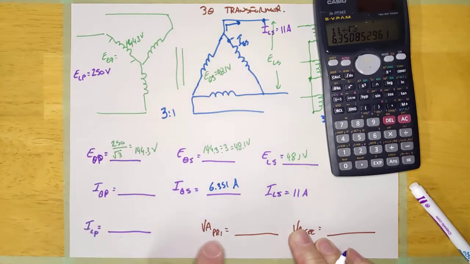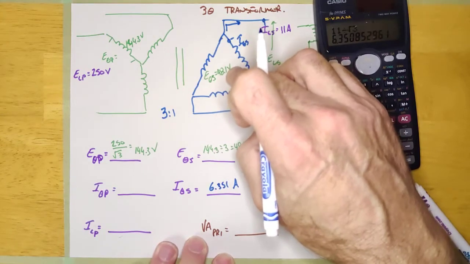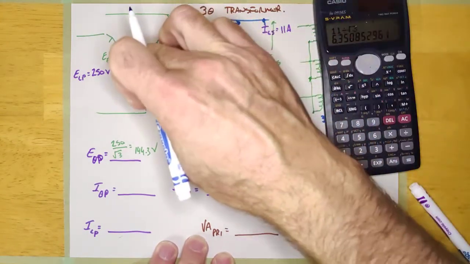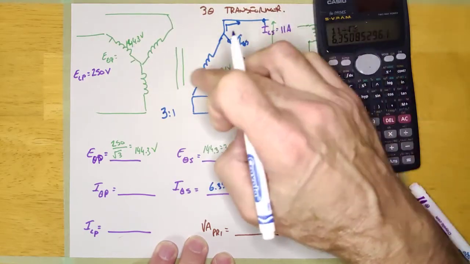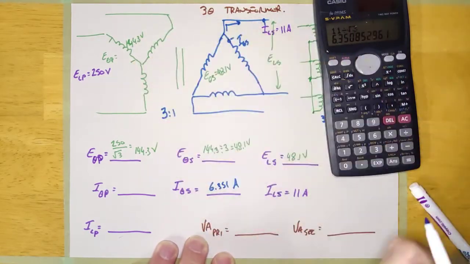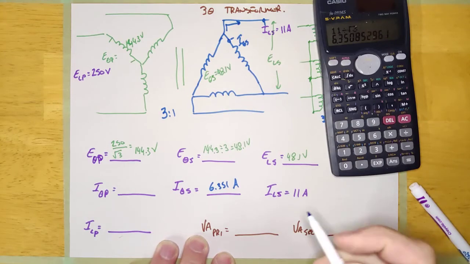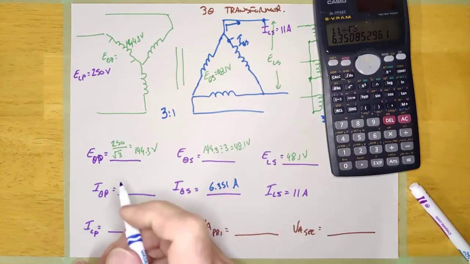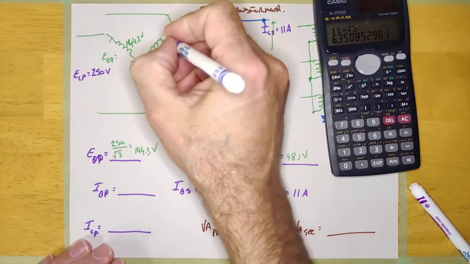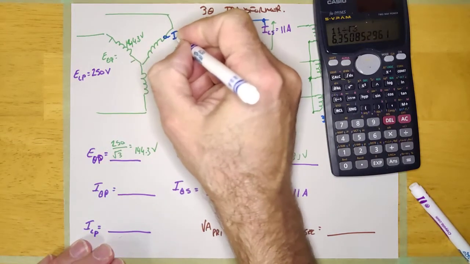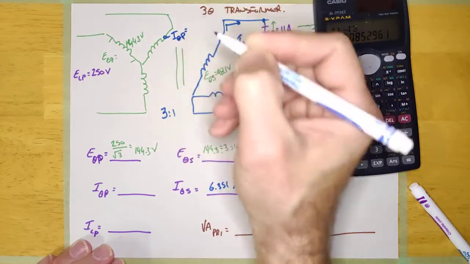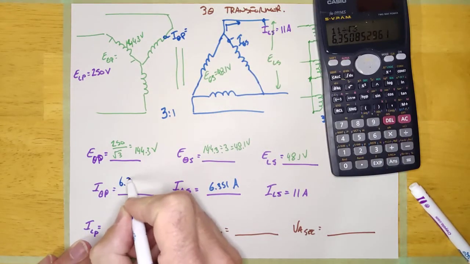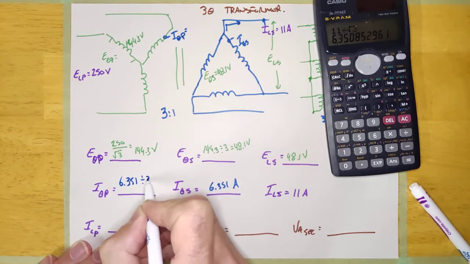Okay, guys? Now I'm going to go across the transformer from here to here at a ratio of 3 to 1. Now, this is the lower voltage, which means the current is going to be higher, right? That's how all transformers work. If the voltage is going down, then the current over here is going to be higher than there, right? So this current should be 3 times lower than that, which means that this current right here, which is I phase primary, is going to be 6.351 divided by the ratio.